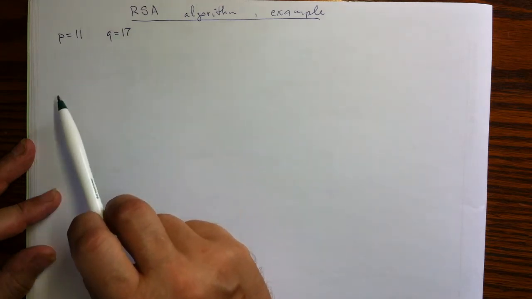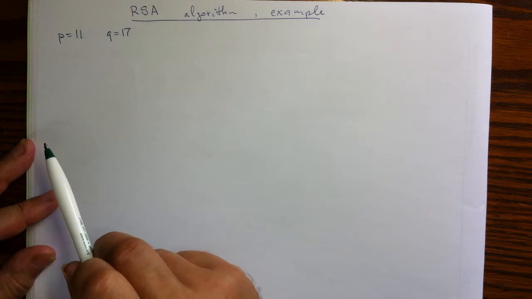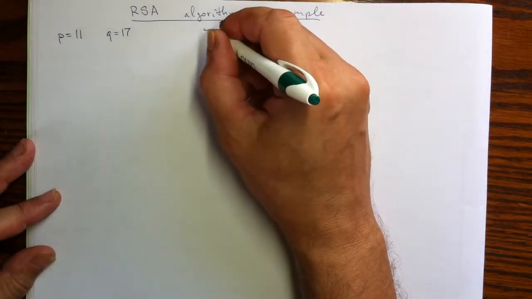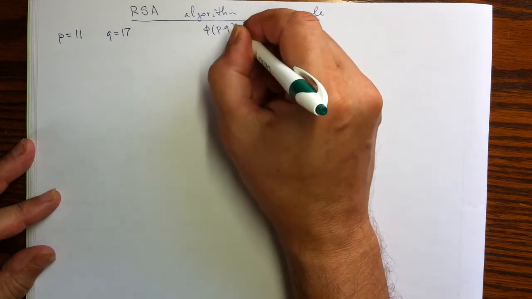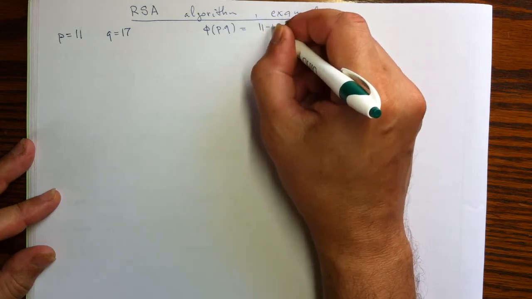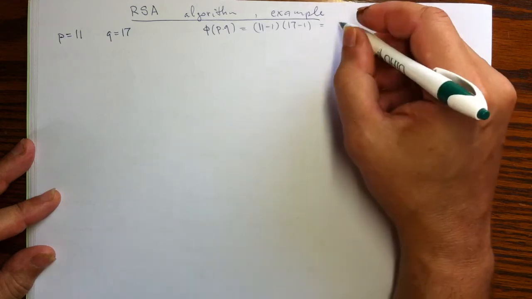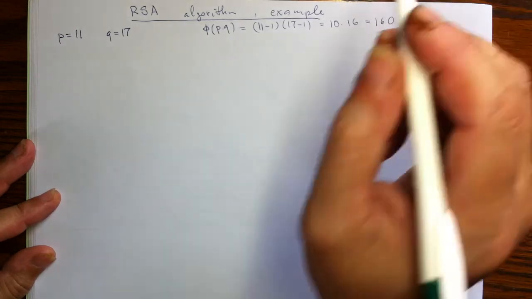it's not the complete data for encryption and decryption. We should choose our encryption and decryption keys, and they have to be numbers which are invertible modulo the Euler function of PQ, which in our case is 11 minus 1 times 17 minus 1, 10 times 16, 160.